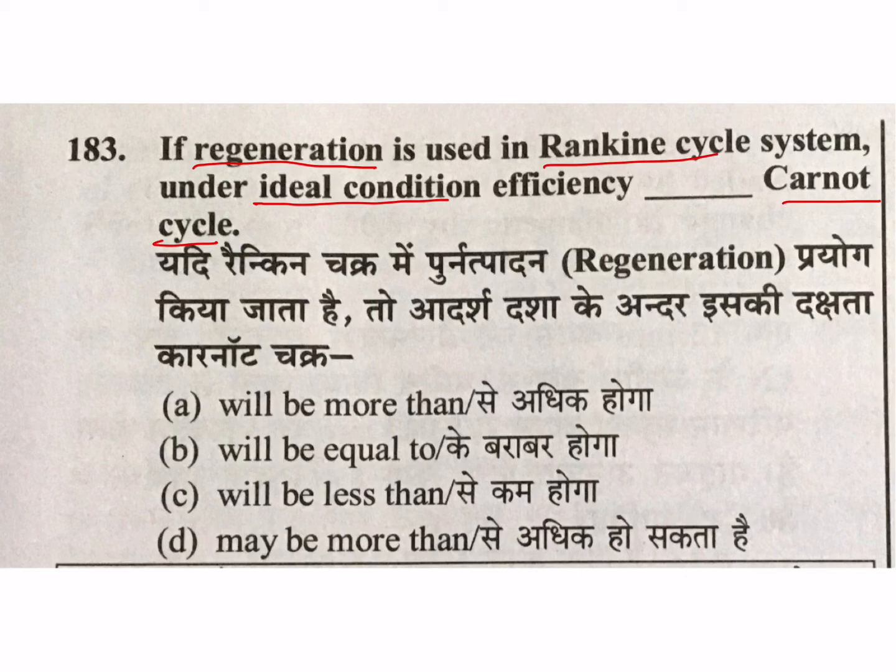So it will be same as Carnot cycle. Options: will be more, equal, less than, maybe more than. So B is your correct answer. In ideal condition with regeneration, Rankine cycle efficiency is equal to Carnot cycle efficiency.